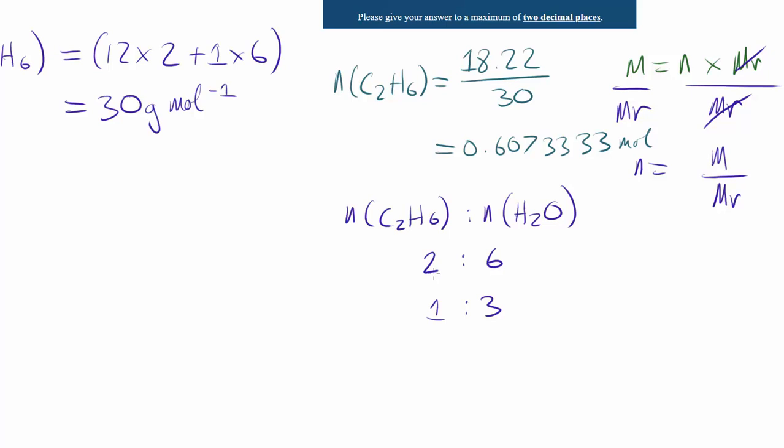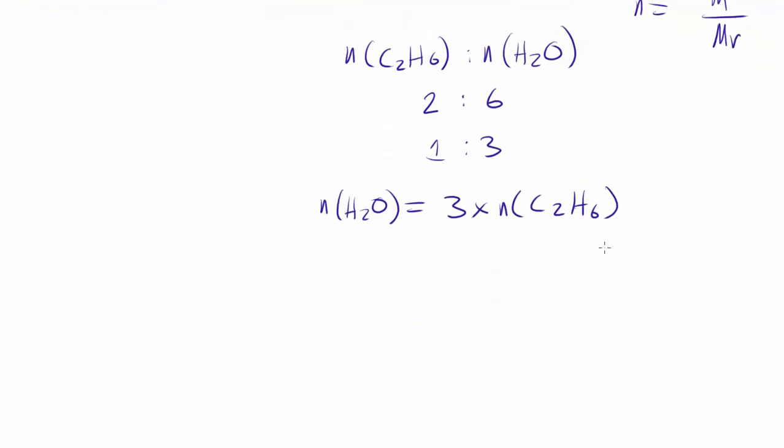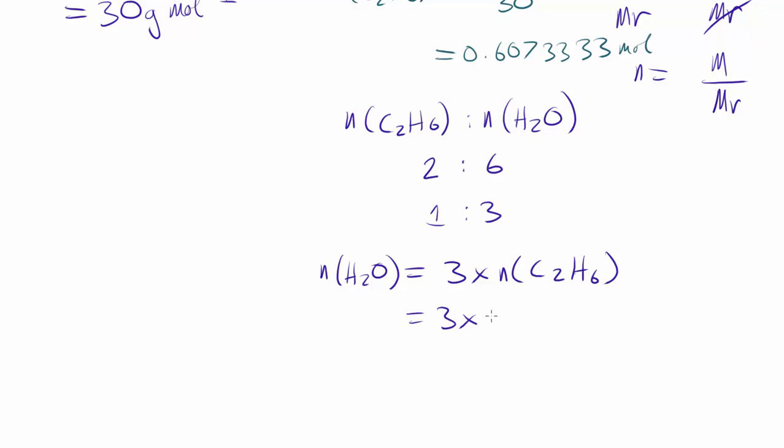And so what bearing does that have on the amount of substance of H₂O? Well, to work out the amount of substance of H₂O, we can say that the moles of H₂O is equal to 3 times the moles of C₂H₆, which is 3 times what we worked out, 0.6073333.